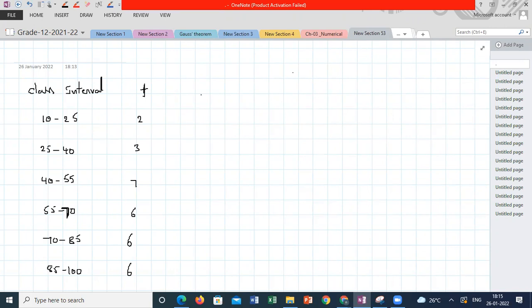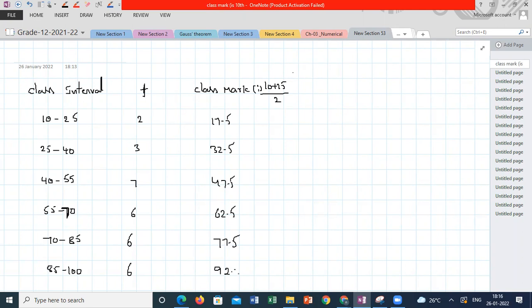Same as the direct method, find the class mark. We know the class mark is the average of the class interval. For the first one, 10 plus 25 by 2 is 17.5, and this will be 32.5, 47.5, 62.5, 77.5, and 92.5.